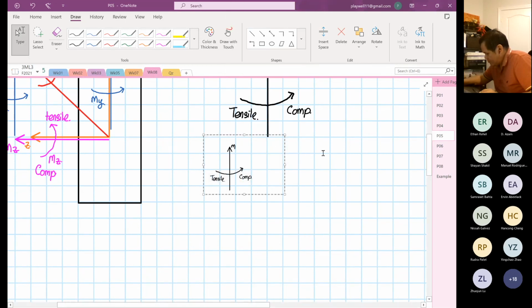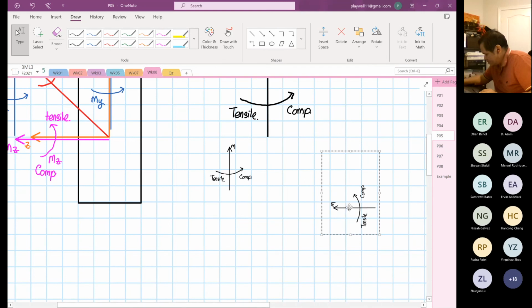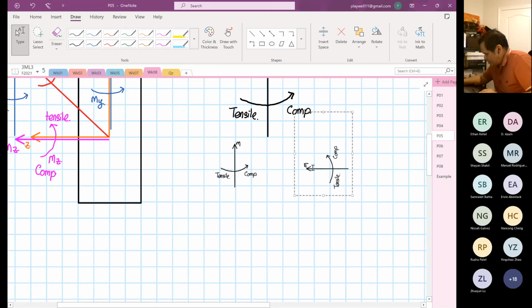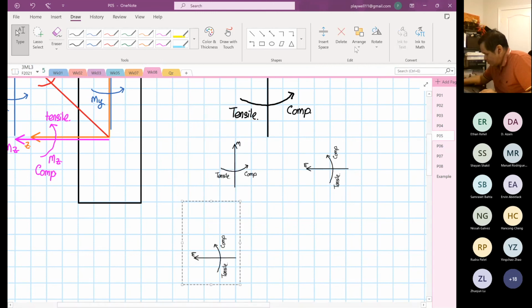I will do this again. I'll copy and paste, and I will rotate towards the left. Hold on, let me finish this first. Then I will again copy, paste, and rotate again. Now it's pointing downwards.